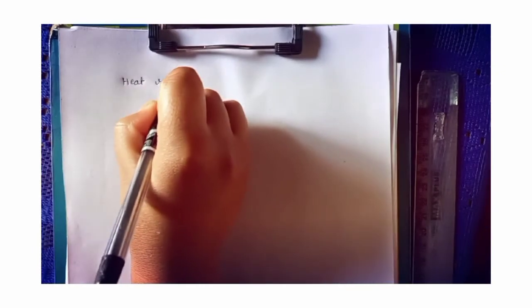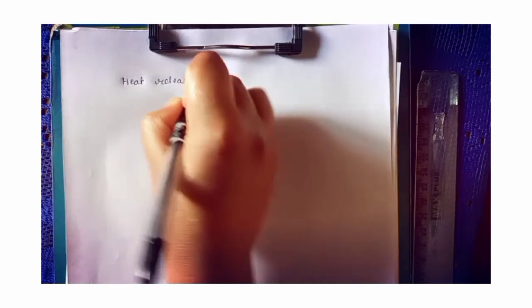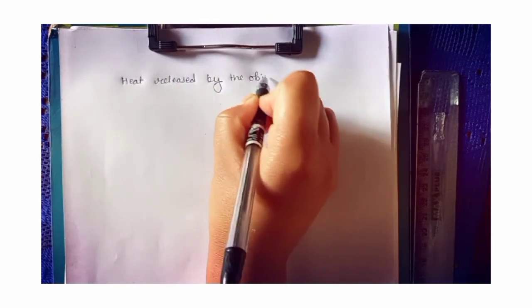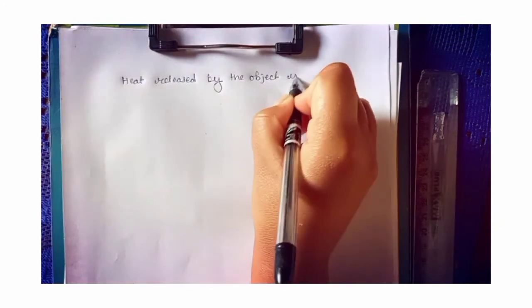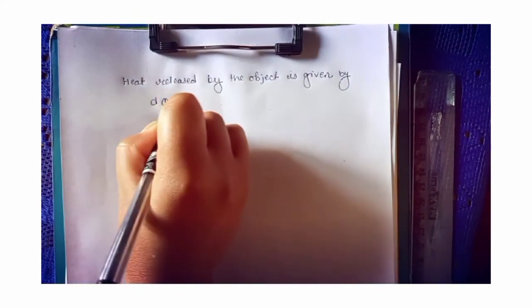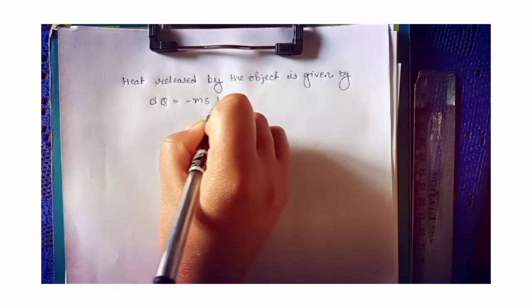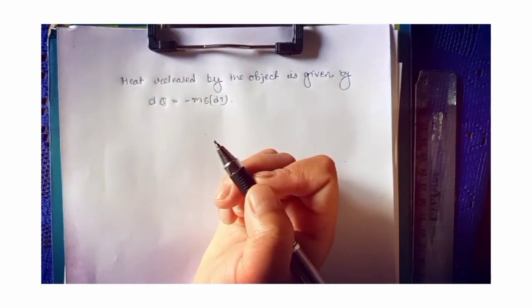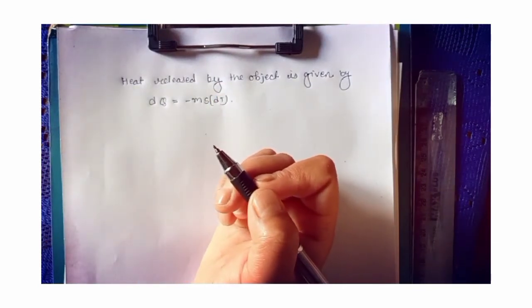Now heat released by the object is given by dQ is equal to minus of m s dT. Here dQ is the amount of heat lost by the object.